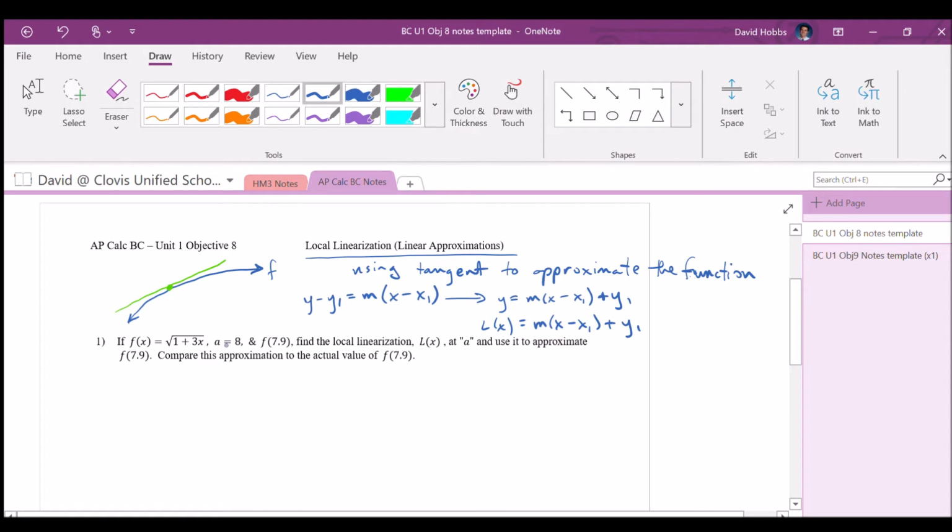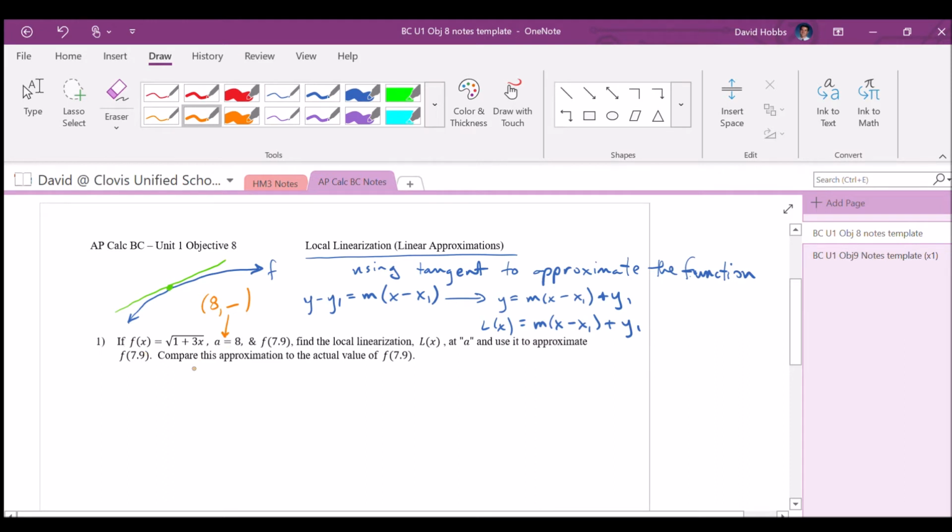Okay, and so at a equals 8, or in other words, the point of tangency is going to be 8 comma something for this particular problem. We're going to need that y coordinate, so we might as well go ahead and plug it in.